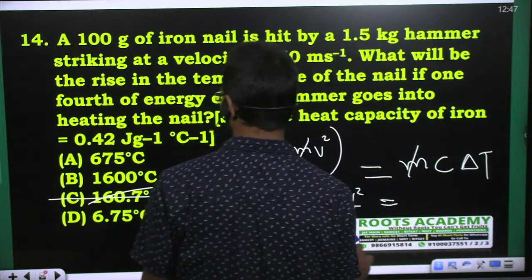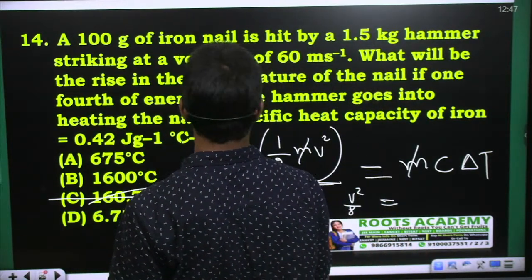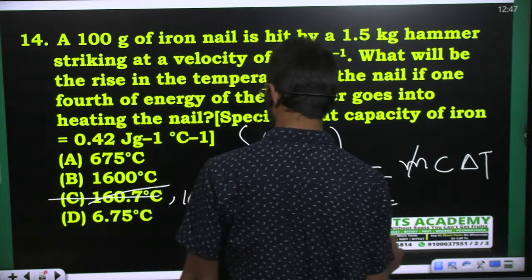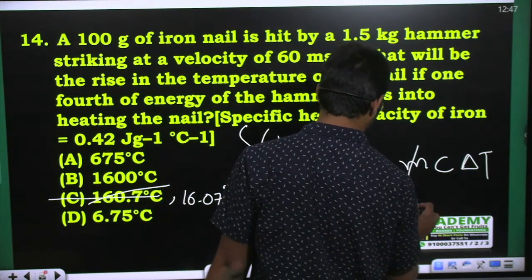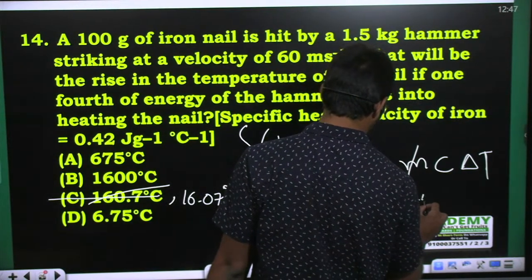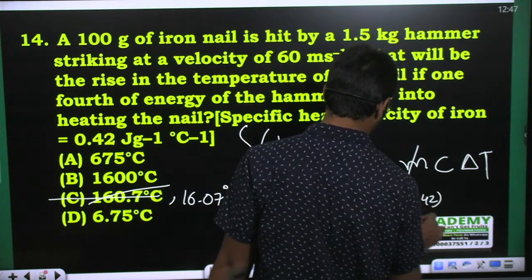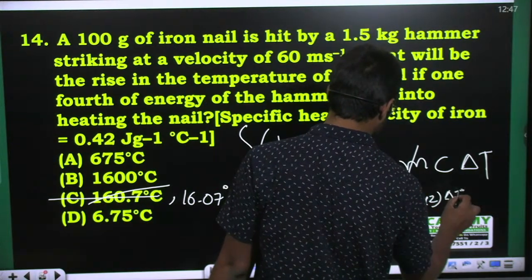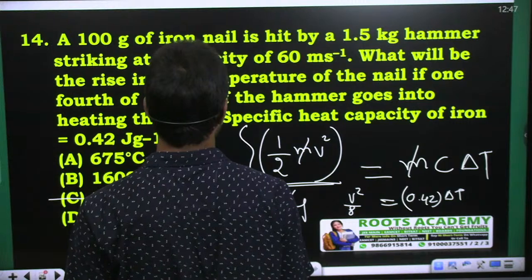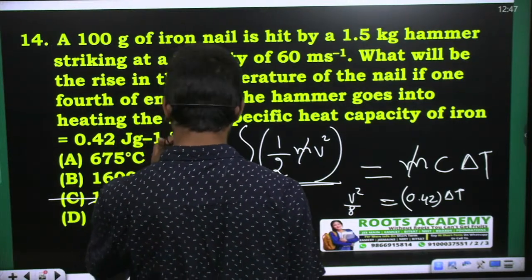C, what is the value of C? 0.42. Delta T. So what is the V? 60 meters per second, right?